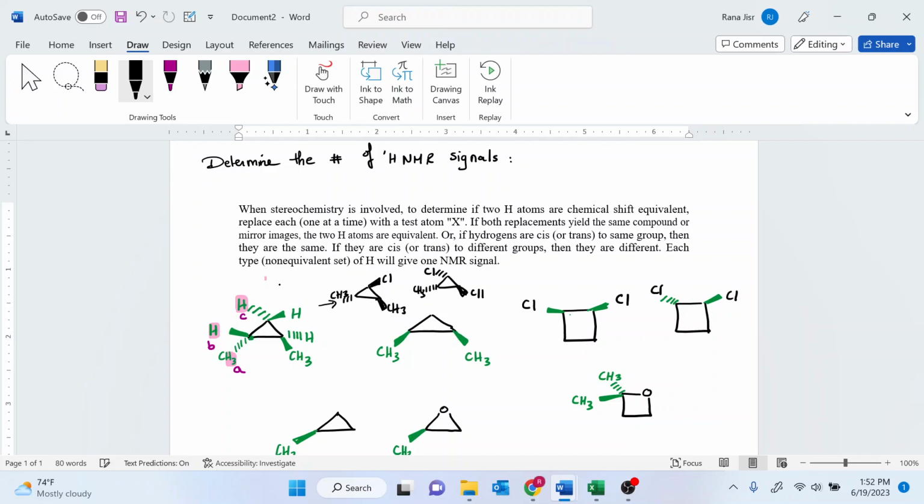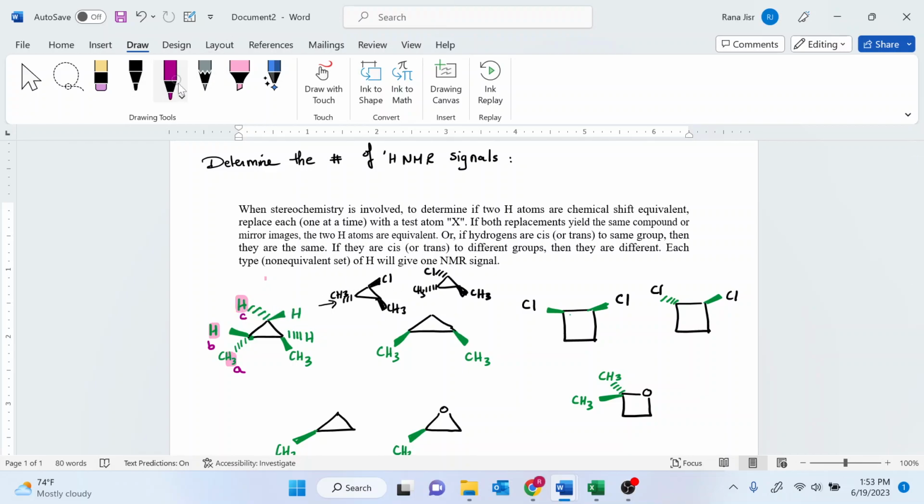It is the same because if you take a look, this chlorine is cis to this CH3 and it's trans to the other CH3. And this chlorine is cis to the CH3 and it's trans to the CH3. Those two CH3s are the same because the connectivity is the same. So this means that the two chlorines are the same, so the two hydrogens are the same.